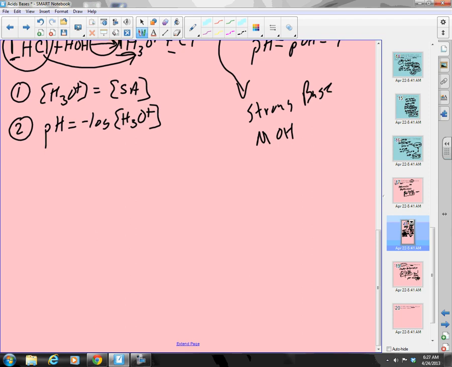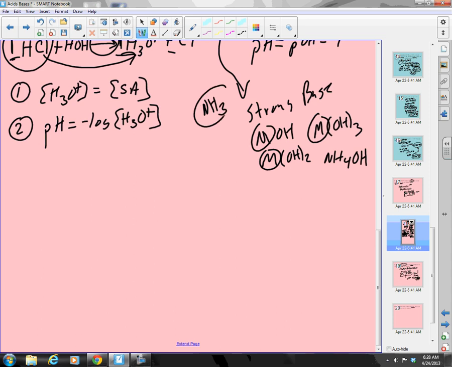It could be MOH, or MOH2, or sometimes MOH3, where M is just a metal. Those are all strong bases, and the only weak base we care about right now is ammonia.